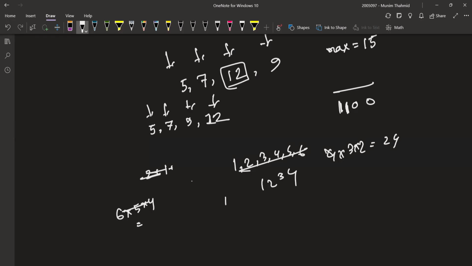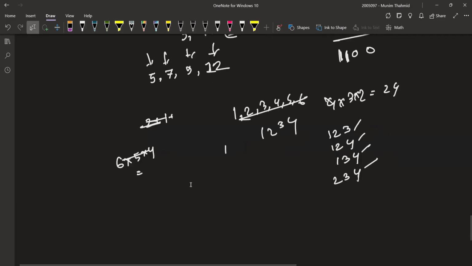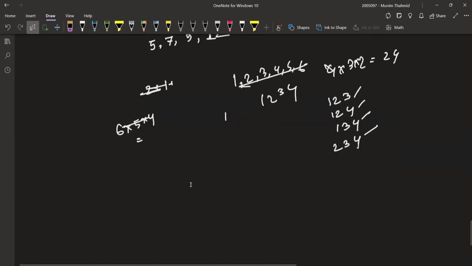But now it's not going to be 24. Usually it is 5 into 4 into 3.